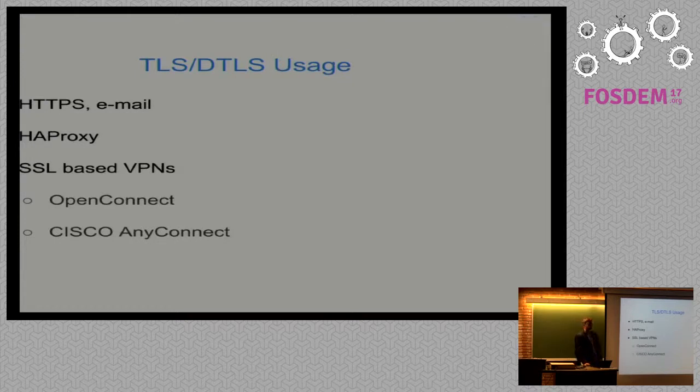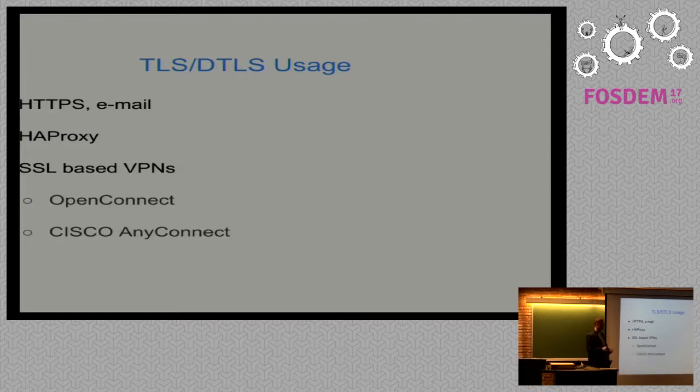You can find many usages of TLS and DTLS. For example, HTTPS, that is protocol HTTP secured, so no one sees your communication. It's also used in email. Probably less known usages are, for example, HAProxy, that is high availability proxy, that is a load balancer for HTTPS communications. You can also find usages in SSL-based VPNs.